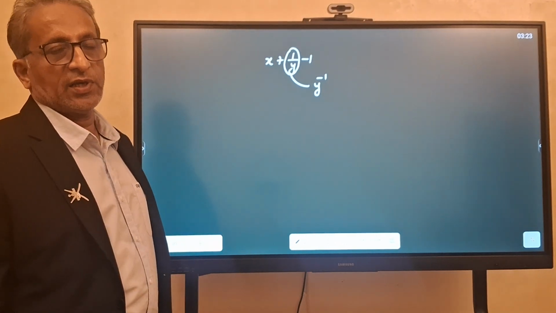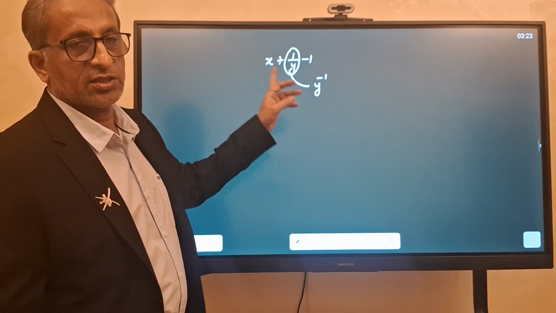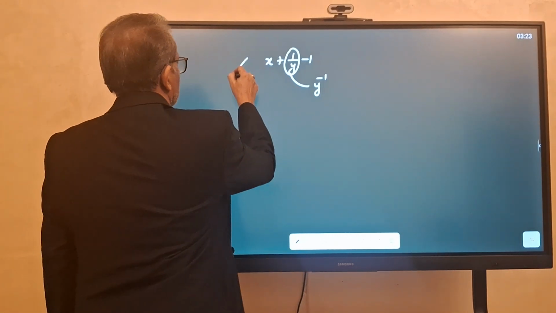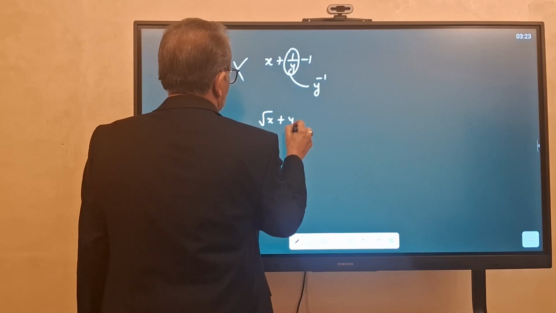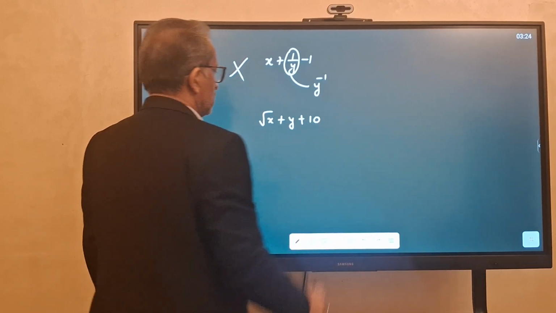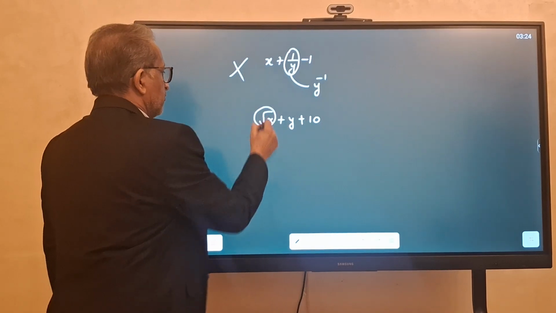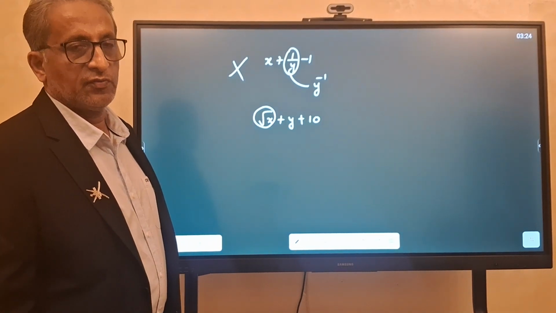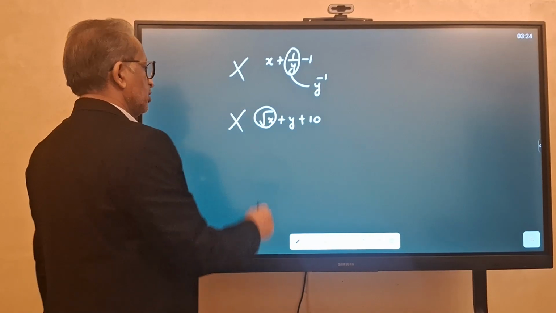The power of the variable is negative, which is not a whole number. Therefore, this is not a polynomial. This is also not a polynomial because the power of x is 1 by 2, which is a fraction, which is not a whole number. So it is not a polynomial.